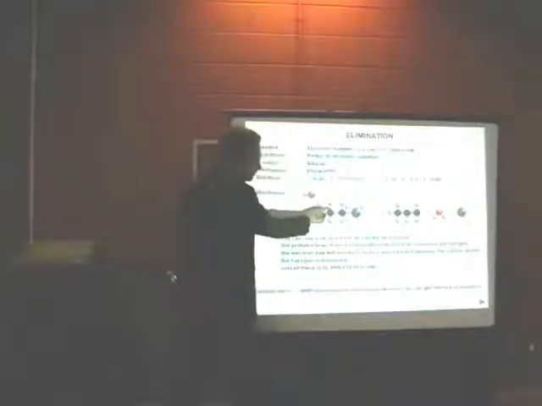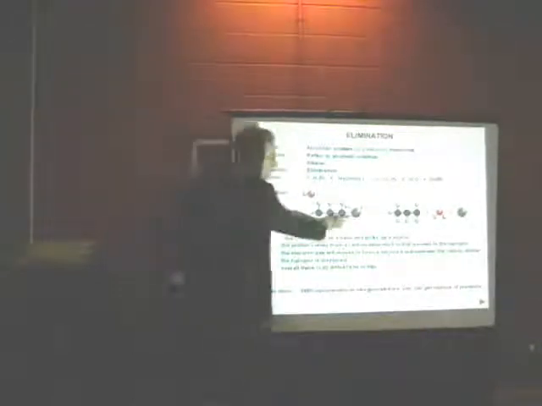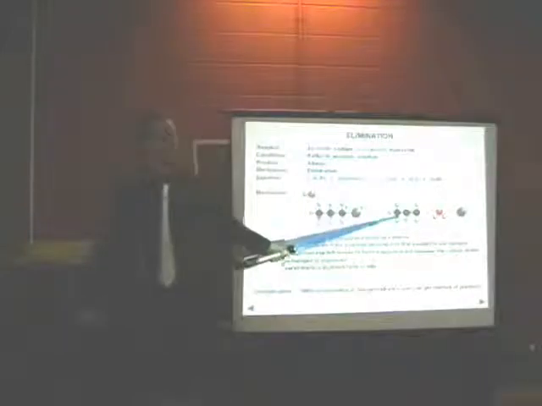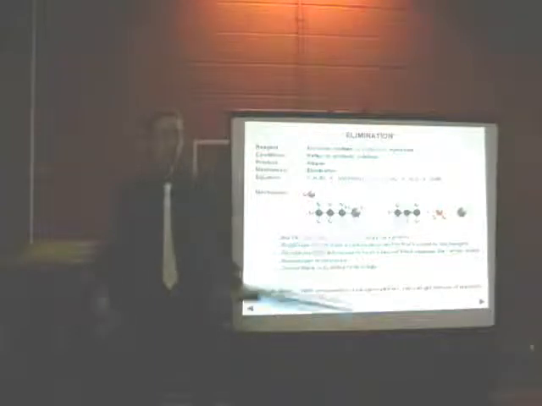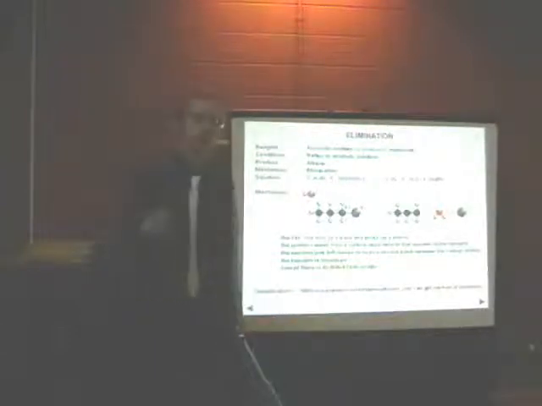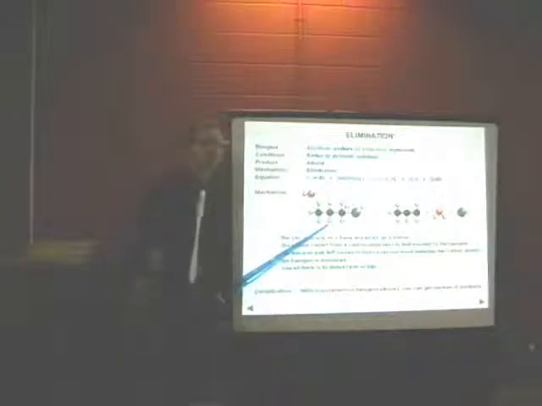The electrons from the hydrogen go to the carbon-carbon there, and the bromine leaves. And what you get is an alkene. It can act as a nucleophile and do nucleophilic substitution or elimination.